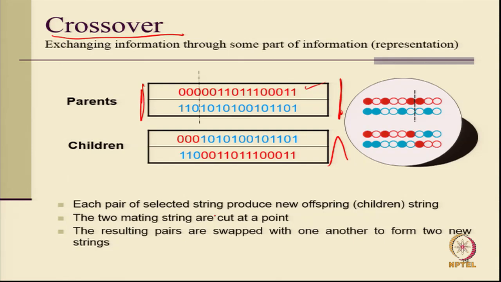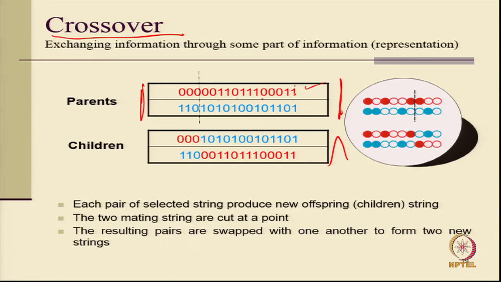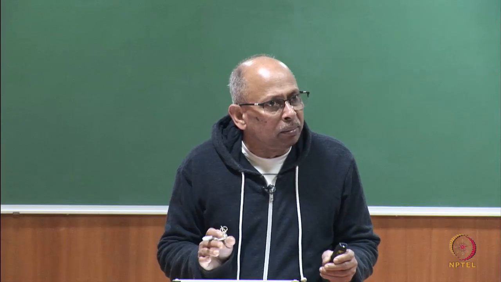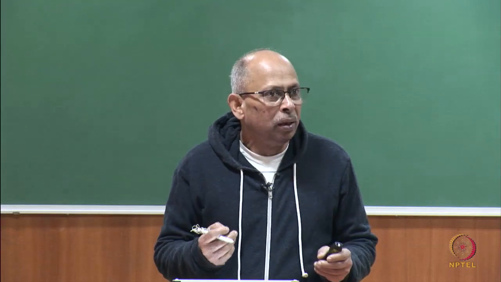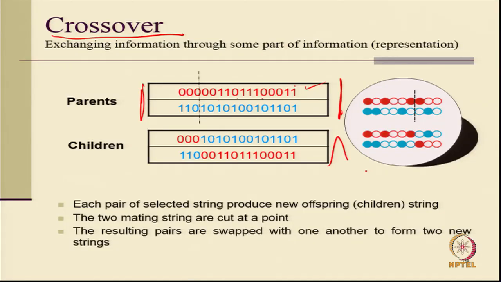Now, how do I do it? Basically, I will generate again a random number, and this time it would be a random number over this many digits. How many digits did I have? 3, 3, 6, 3, 9, 3, 12 plus 4, 16 digits here. In this one, the chromosome string is 16 digits. So, I generate a random number and divide by 16. For example, if I find it between 0 and 6, then this is the point.